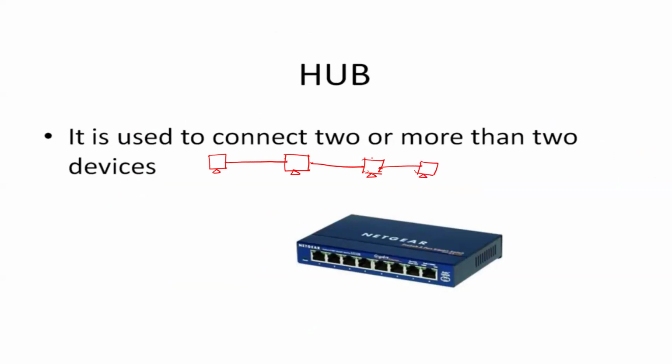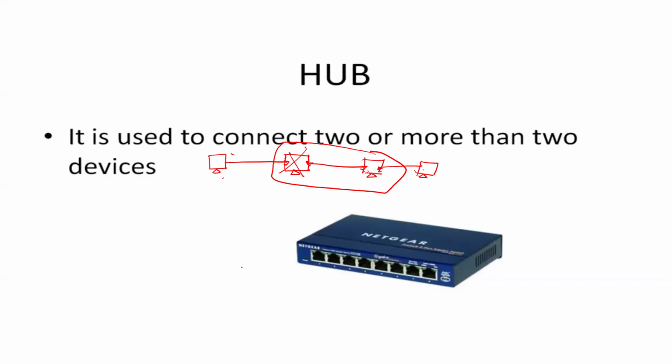So these devices are centralized on one device. See, here we have two LAN cards, and these two devices are depending on this device. So if this device failed, the entire communication would be lost. So it's not practical. So that's why the device hub came.